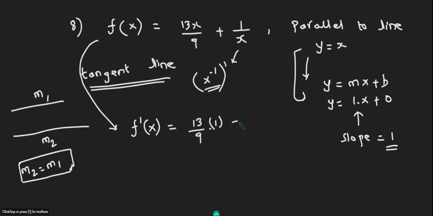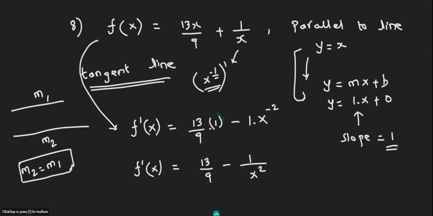I put the power in front, that is minus 1, times x raised to the power of minus 1 minus 1, which is minus 2. So we have f prime of x equals 13/9 minus 1 over x squared. We can rewrite x to the power minus 2 as 1 by x squared.